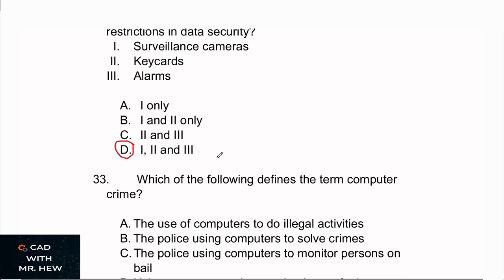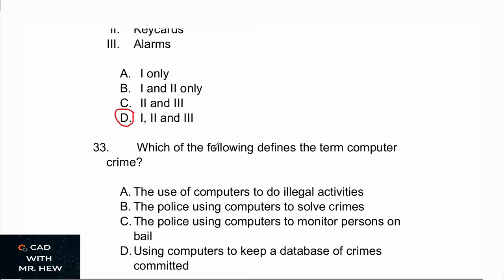All right, let's look at question 33. Which one of the following defines the term computer crime? A. The use of computers to do illegal activities. B. The police using computers to solve crimes.